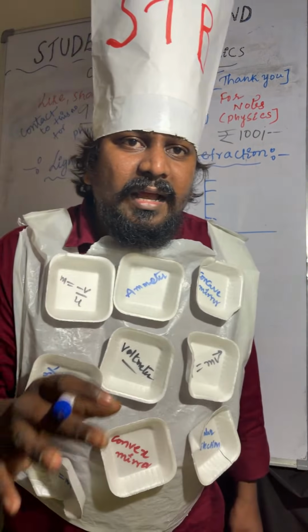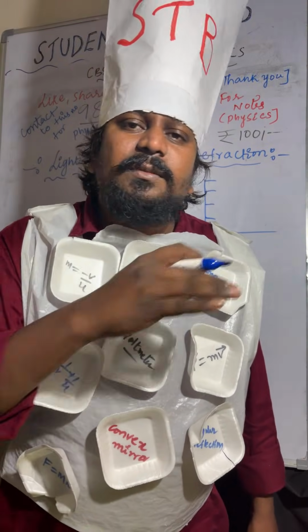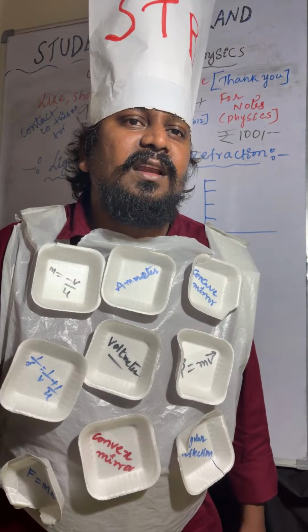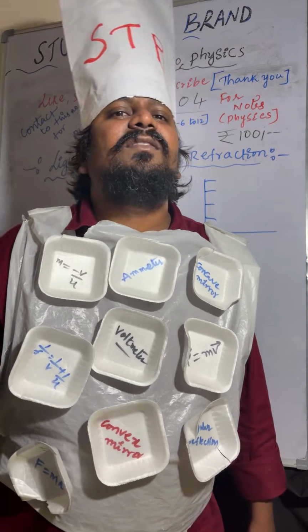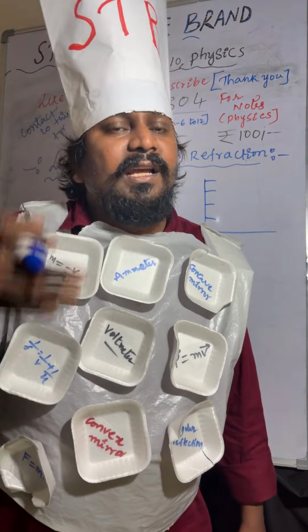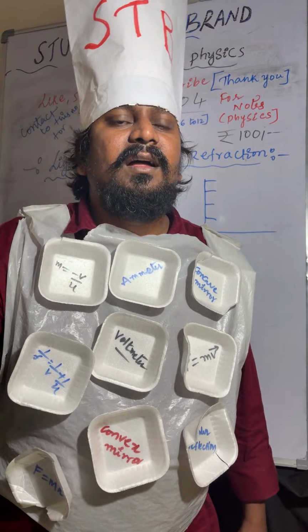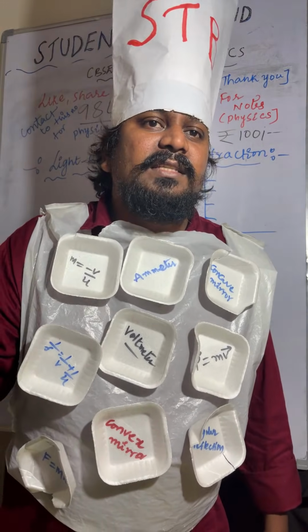So here I am taking the object. If the light ray is passing along the normal line, it retraces its original path. It reflects back into the same path. Understood? If the light ray is passing along the normal line, it retraces its original path and reflects back in the same direction.